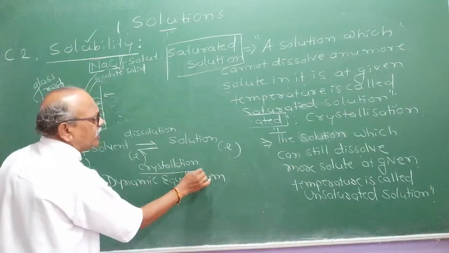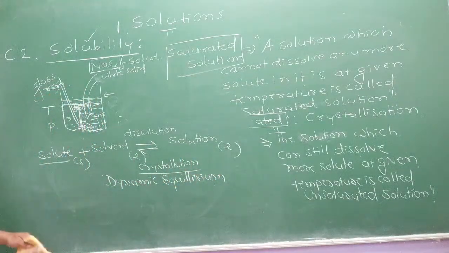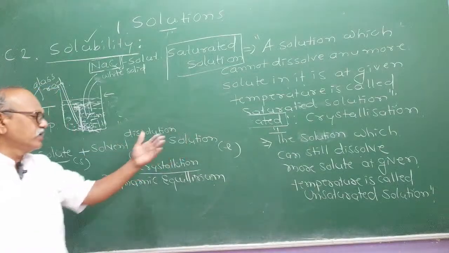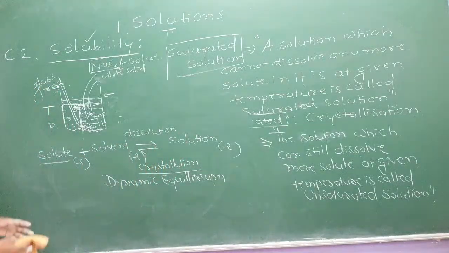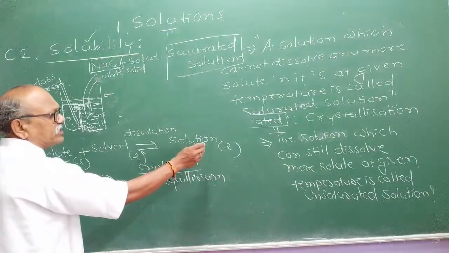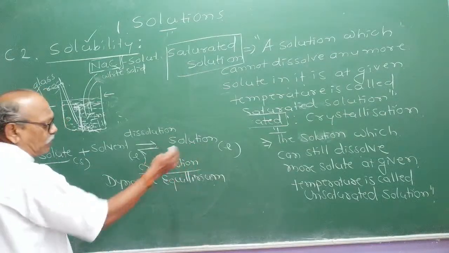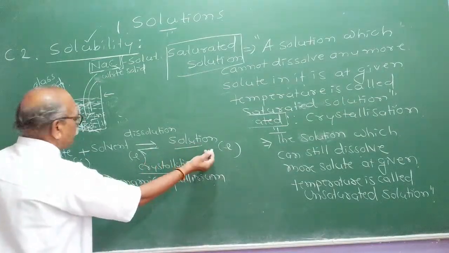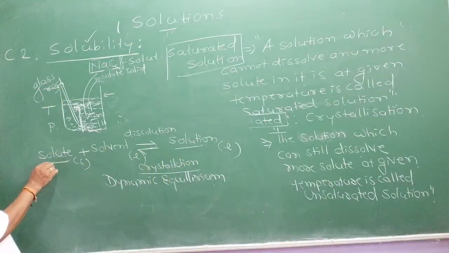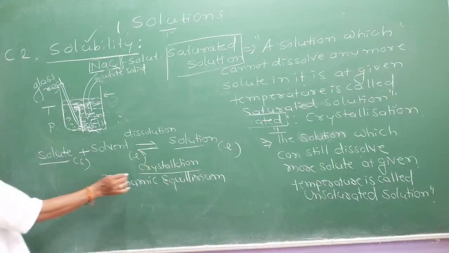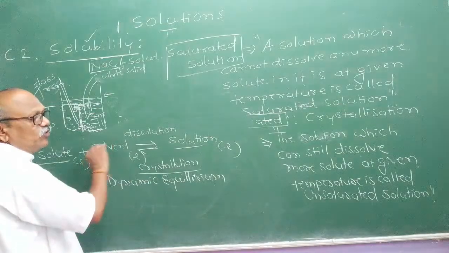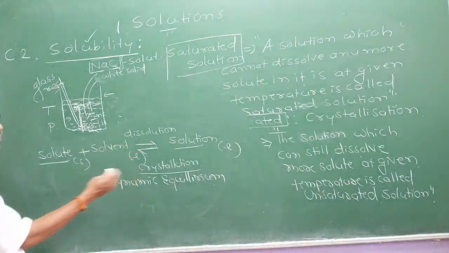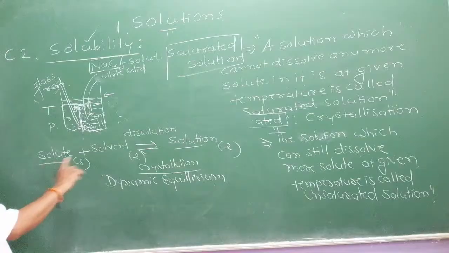This is crystallization, the backward reaction. Initially the forward reaction will be very fast. After some time the backward reaction begins, meaning sodium chloride crystals separate from the solution. Both the forward and backward reactions take place at the same rate.